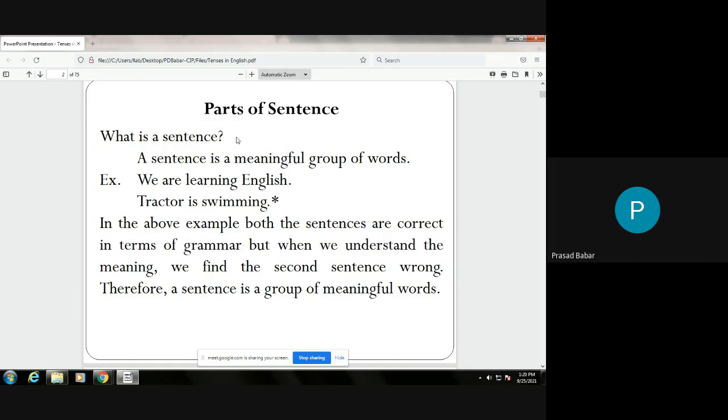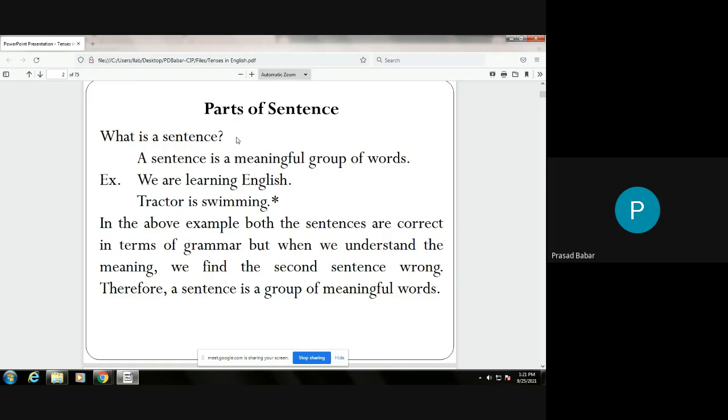We are, and there is no was, so it is the continuous present tense. And the second, tractor is swimming, is also continuous present tense.